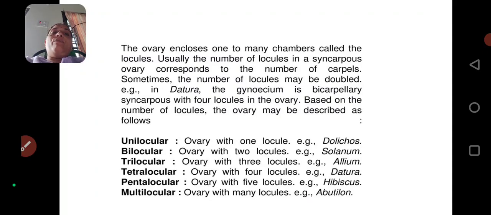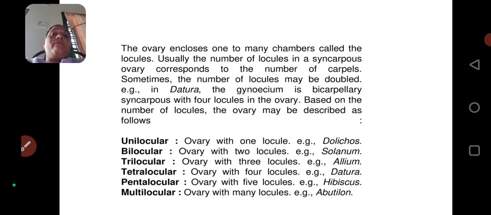Based on the number of locules, the ovary may be described as unilocular, bilocular, trilocular, tetralocular, pentalocular and multilocular. Uni means 1, bi means 2, tri means 3, tetra means 4, penta means 5 and multi means many.